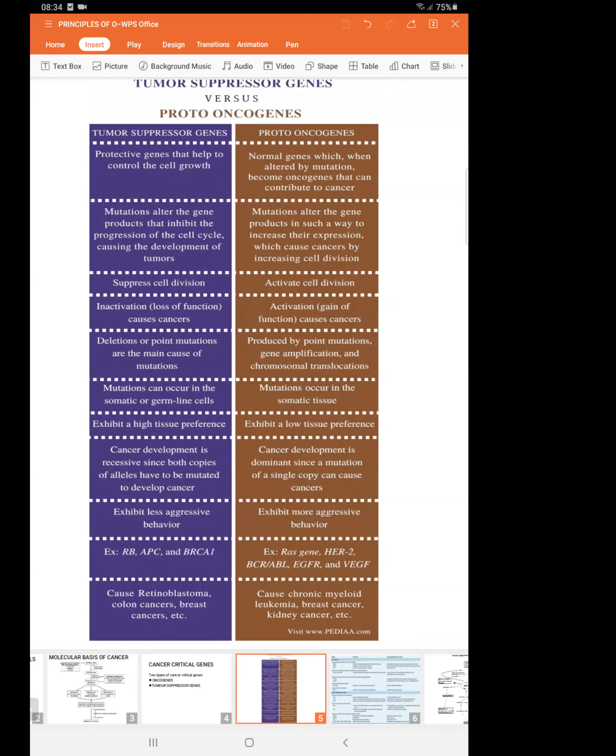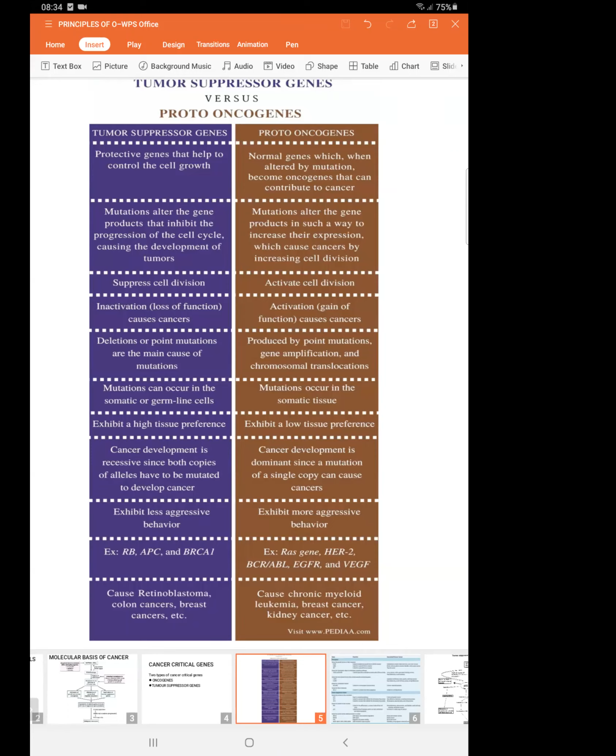Their inactivation leads to loss of function, which will lead to cancer. Usually, deletions and point mutations are the main cause of the mutations, and they can occur in the somatic or in the germline. So they are seen in both somatic and germline cells.